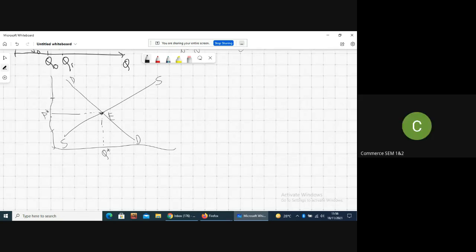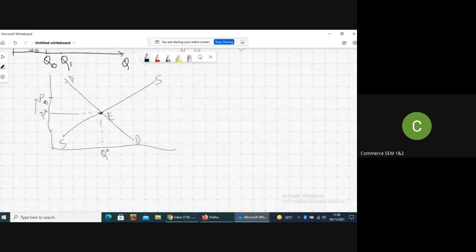So now think of a different price. If we assume that the price is not at the equilibrium price P star, but somewhere here at P0. Now what will happen? If the price of samosas is at P0, which is higher than the equilibrium price P star, how much is demand? Demand is this much distance, which you get from the demand curve.